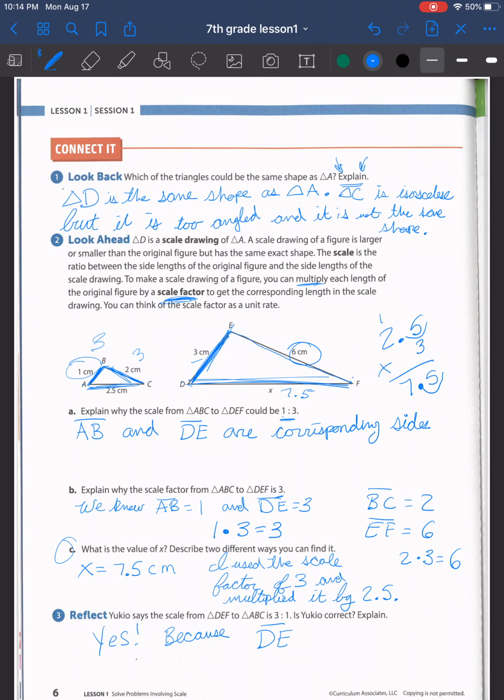Side DE, actually instead of equal to, I'm going to say corresponds with our little ratio right here. DE corresponds to AB. DE equals 3, AB equals 1. That would get us the ratio 3:1.